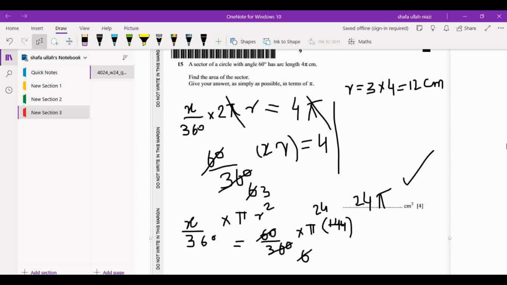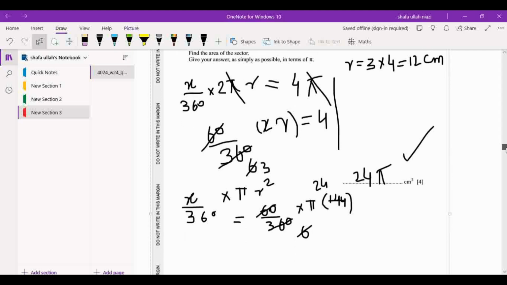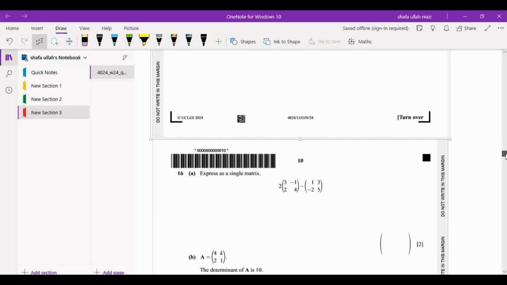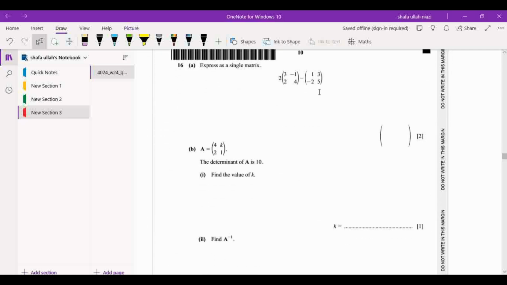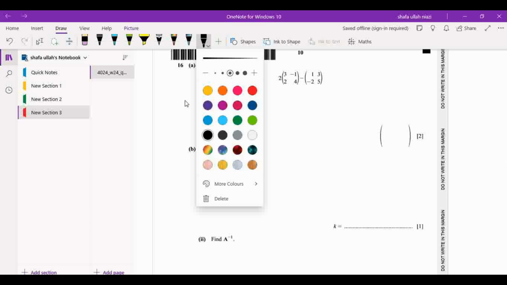Next is matrices. From the matrices topic, we have to evaluate this.